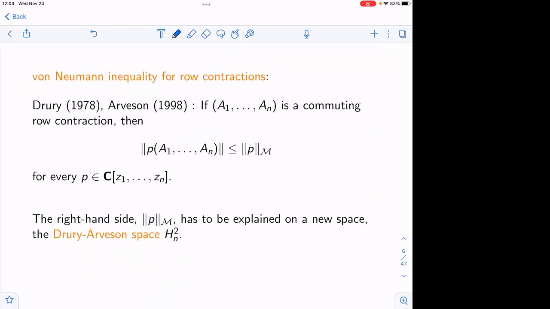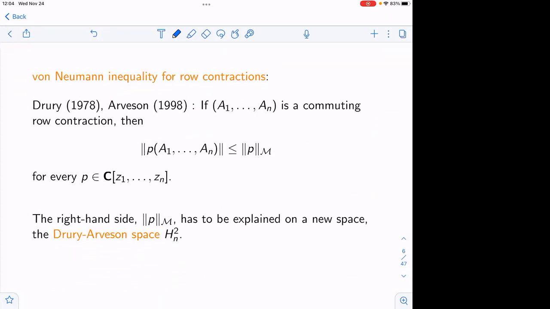So the fundamental inequality for row contractions is this. This first appeared in a paper by Drury in 1978. And then, of course, it also appeared in Arveson's paper in 1998.